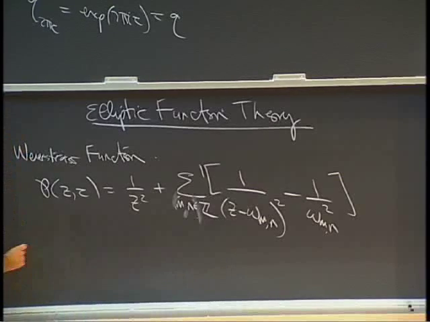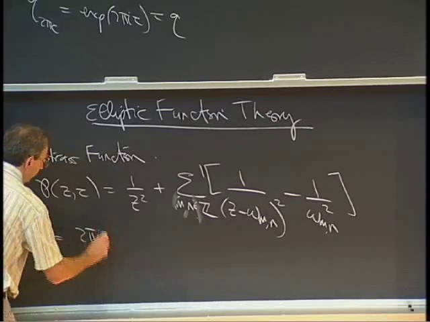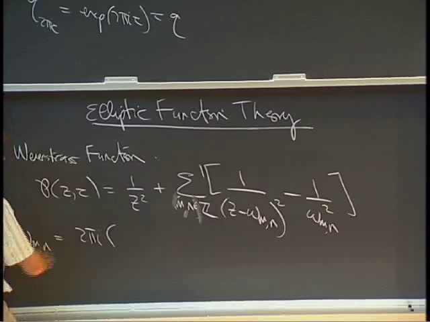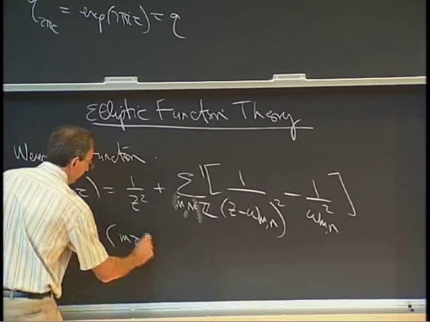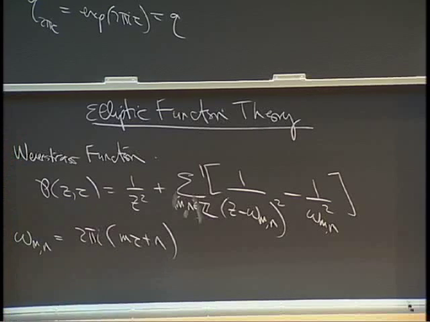And what's omega? In this talk, omega is going to be 2 pi i (m tau + n). So this clearly is a function of z and tau.